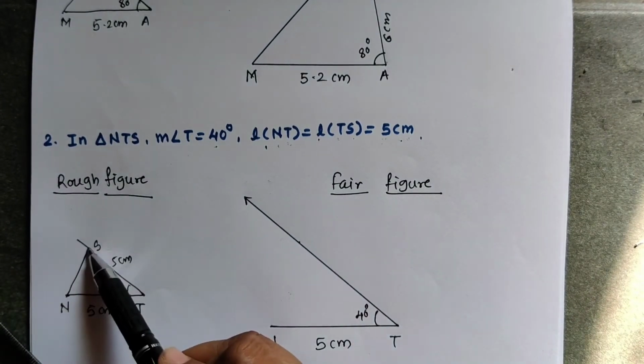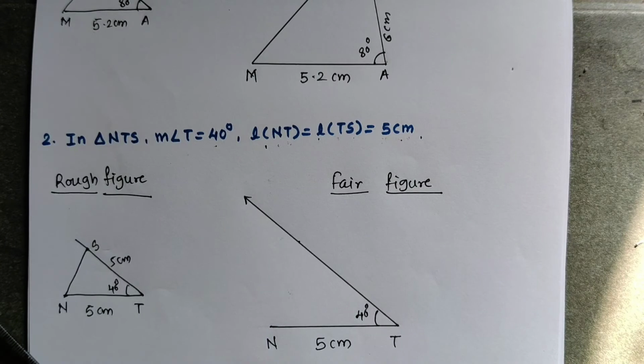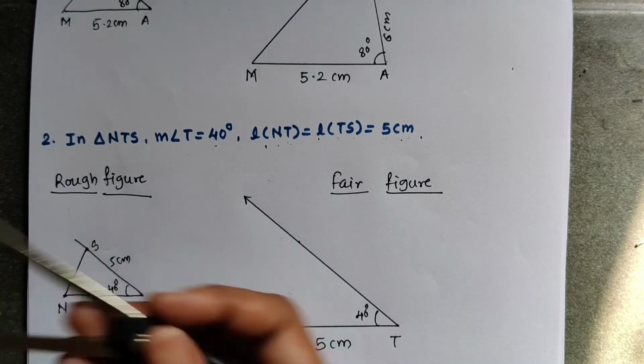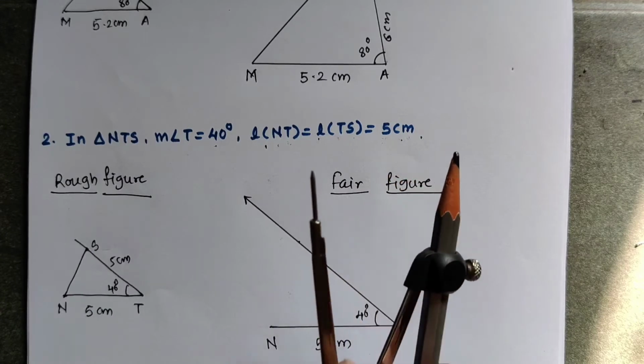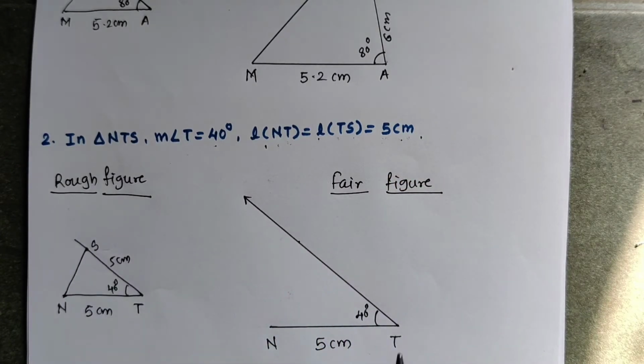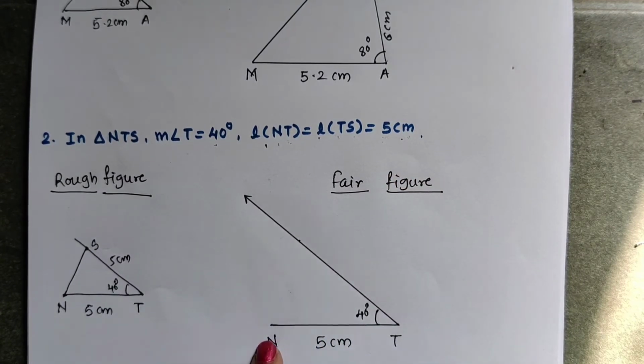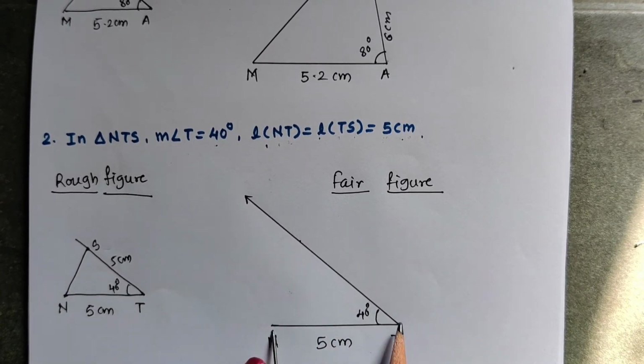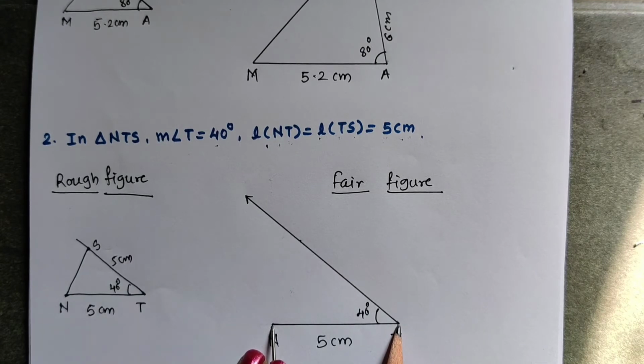Now we have to fix point S on this ray. So point S is at 5 cm from point T. So we have to take the radius of 5 cm in our compass. As you all know, this NT is also 5 cm. So I can directly take the distance of 5 cm from NT in my compass. As you all can see, this NT is 5.